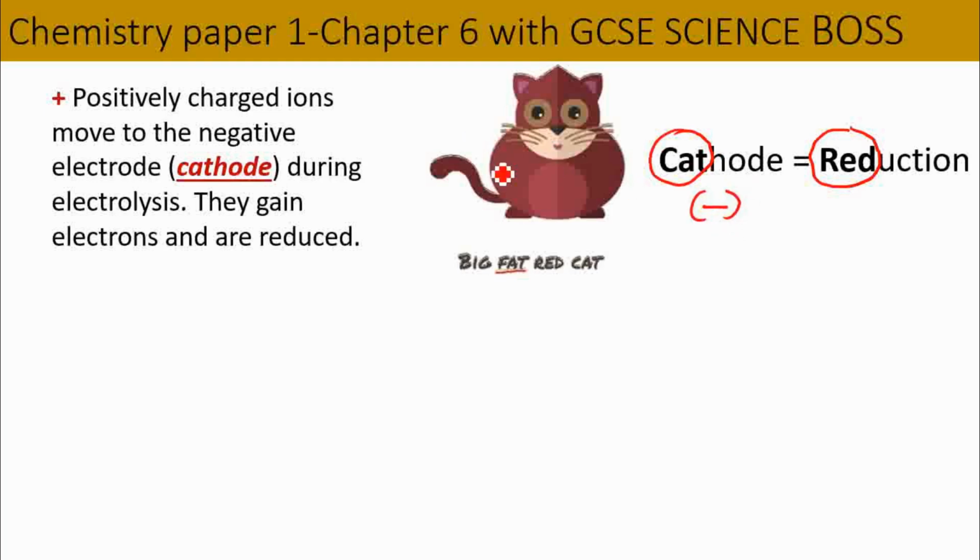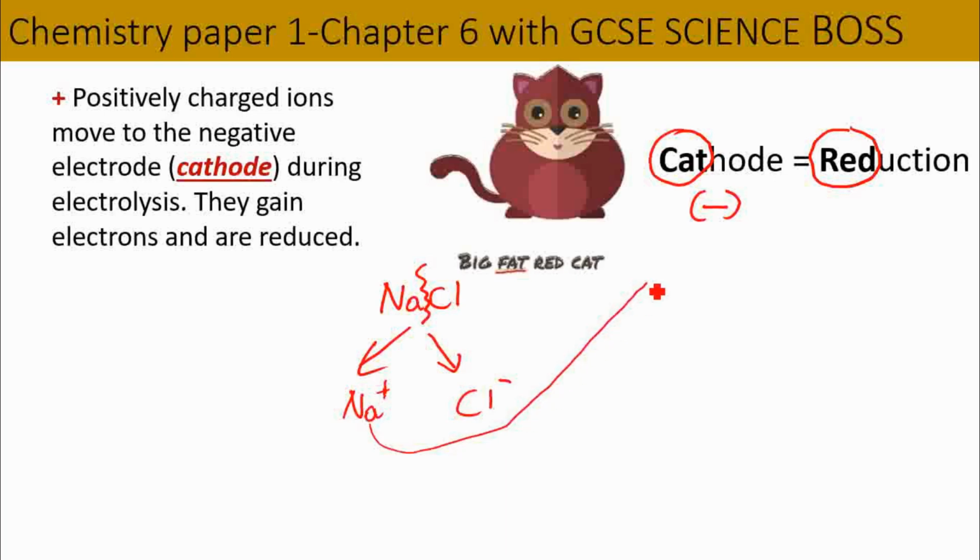If I think about an example like sodium chloride, and I split sodium chloride, I'm going to get two ions. I'm going to get my Na+, and I'm going to get my Cl-. My Na+ is going to migrate towards my cathode because opposites attract. When it goes to the cathode, it's not going to remain as Na+.